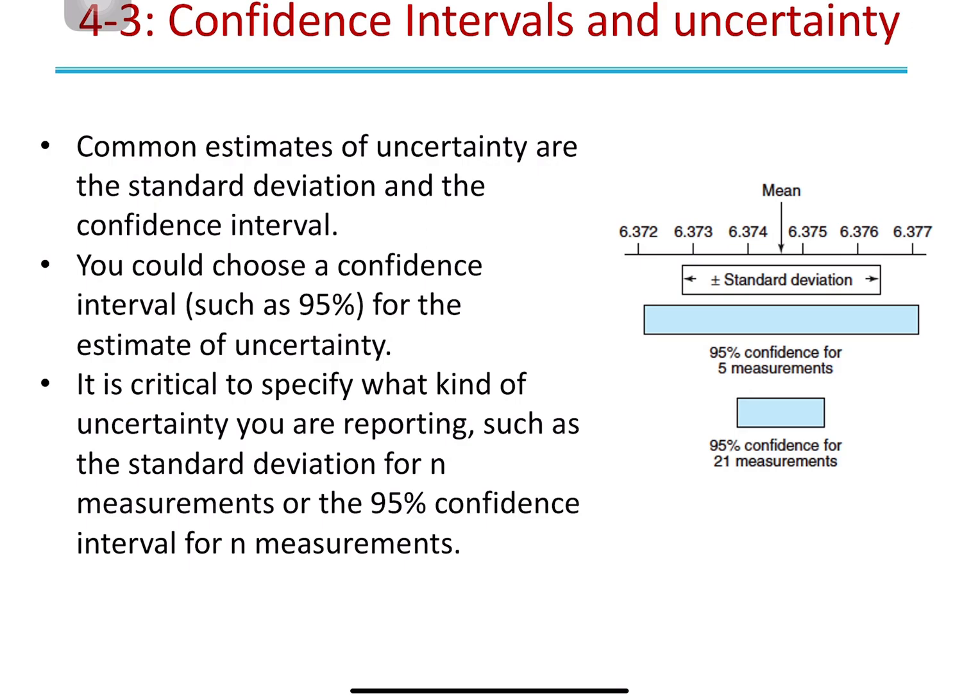So confidence intervals can be used, as you have seen in the last two slides, as a method of calculating uncertainty or error bars. Previously we did use the standard deviation as a measure of the uncertainty. We can also use the confidence interval, but you have to specify in your measurement or in your results which uncertainty term you used.